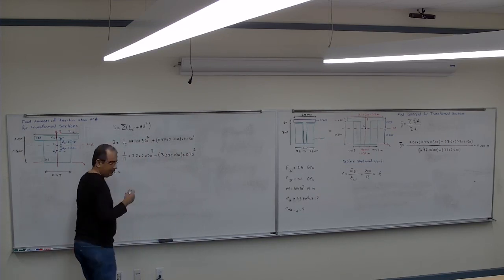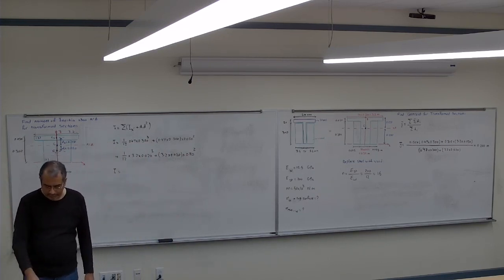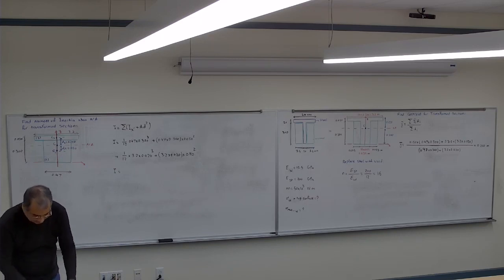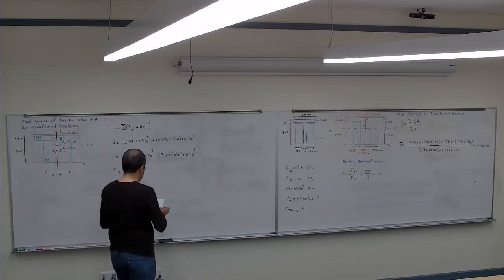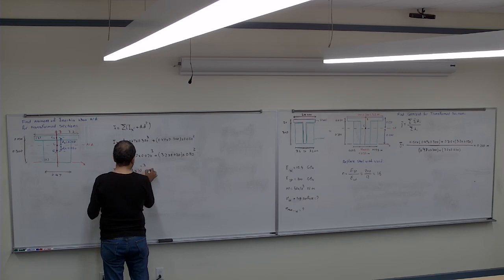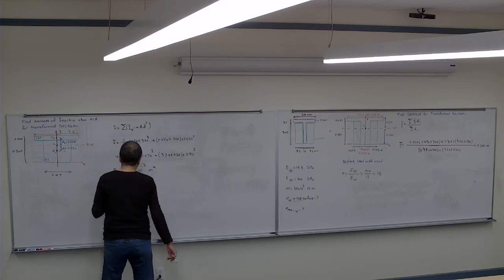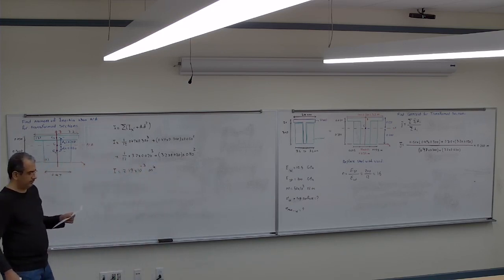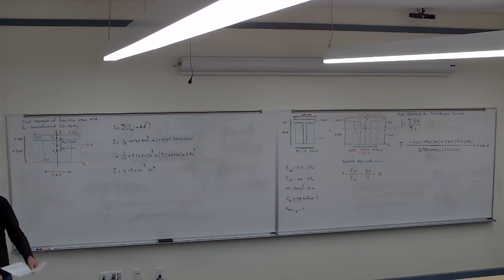So if I have this right, the I should come up as 2.19 times 10 to the negative 3. Do I have all the numbers?